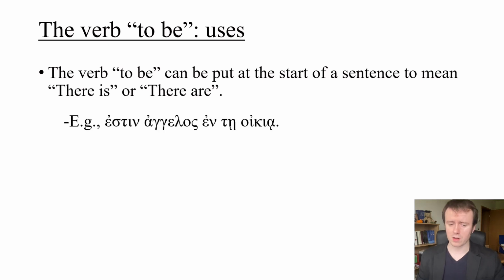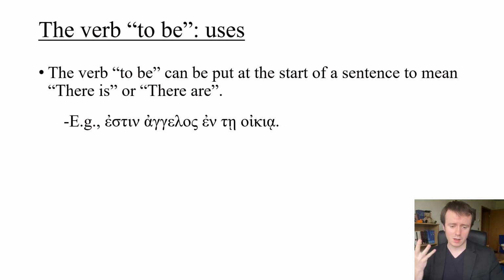So if you said, for example, estin angelos en dei oikiai, this would mean there is a messenger in the house. Whereas if you said angelos estin en dei oikiai, it would be a messenger is in the house.